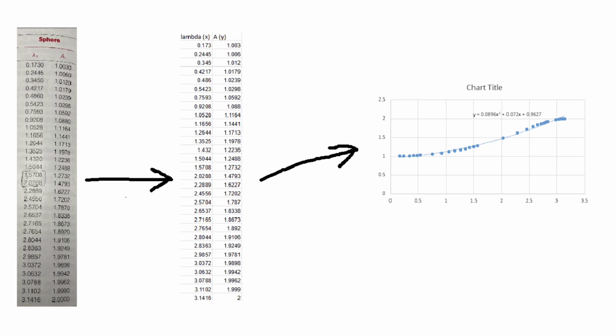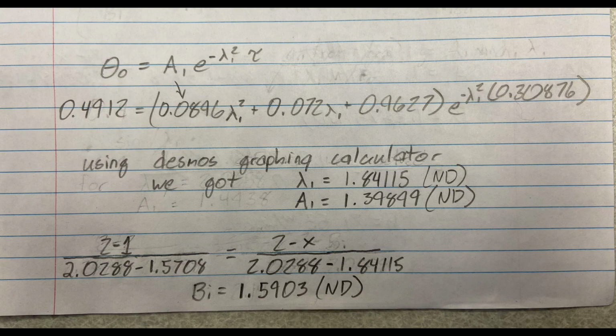This formula related lambda and A1. We then substituted this formula into A1, and from there we were able to get 1 variable and 1 equation.